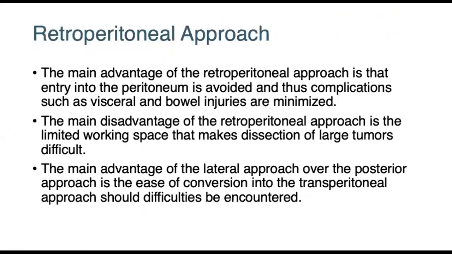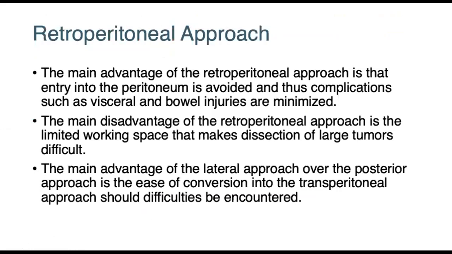So next for lap, we proceed to the retroperitoneal approach. So we're done with the transperitoneal, lateral, and supine. So next is the retroperitoneal approach. For retroperitoneal, it can also be done with the patient in prone or in lateral position.